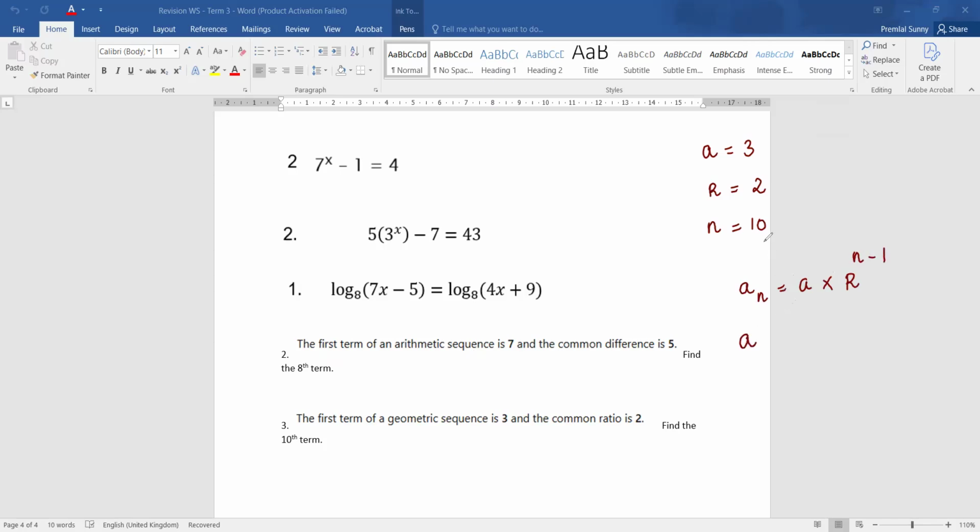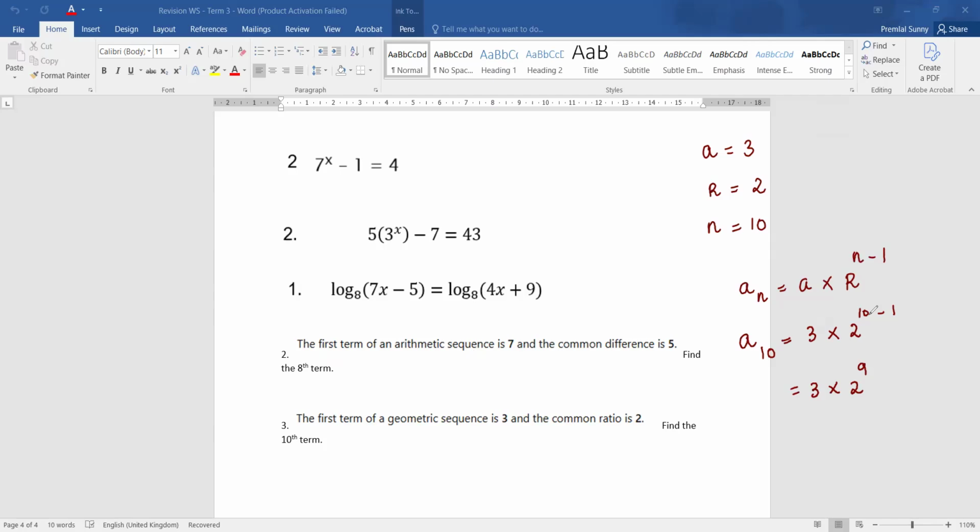This is how we represent the 10th term. a is 3 times r is 2 to the power of n minus 1, n is 10. So 10 minus 1. So 3 times 2 to the power of 9.